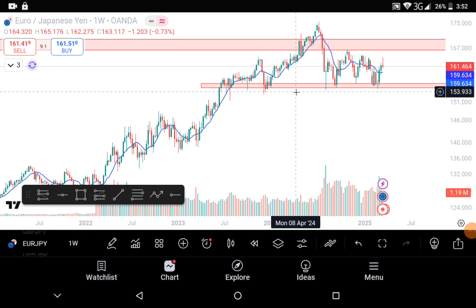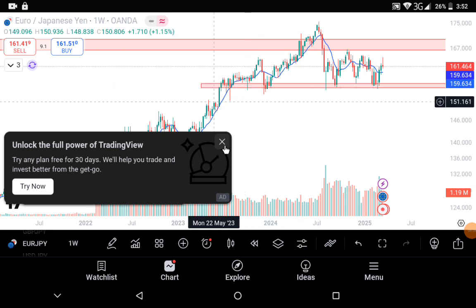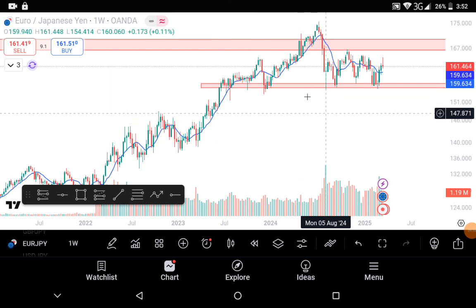Now on a 1 week time frame, we are seeing something very different. Even if the market is on a bearish movement, that doesn't mean we'll not see buying pressure. We are going to see some buying pressure. Right now we are at this zone here. This is called a support zone.